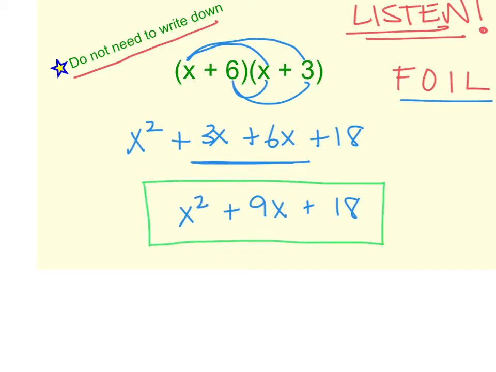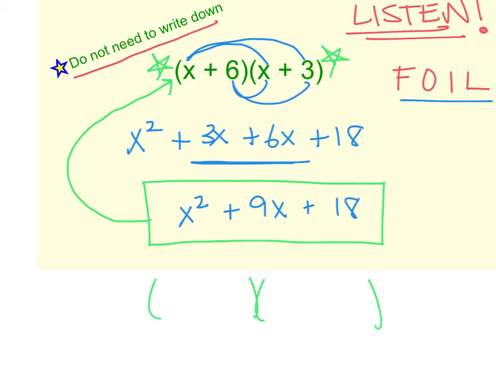And what we have to figure out is how to get this answer right here. This is what our factored answer looks like when we factor our trinomials that have the form x squared plus bx plus c.